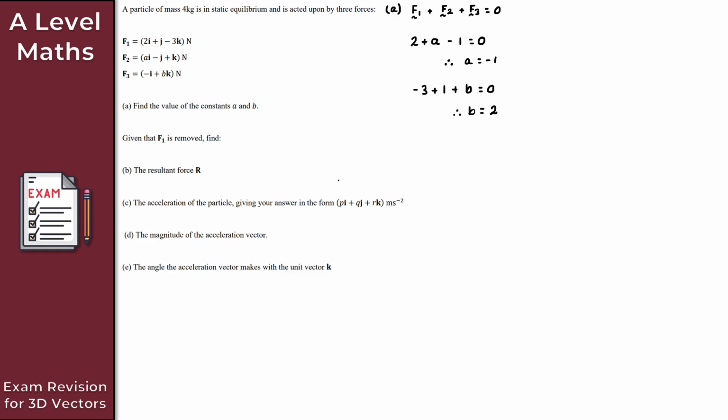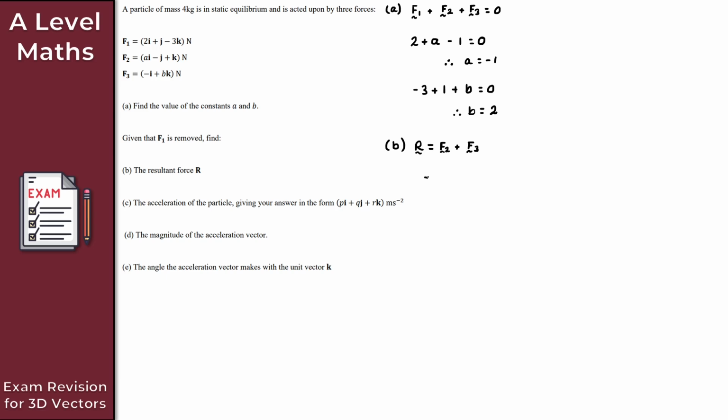Now for part B then, we're then given that F1 here, that's this force here, is removed. And for part B then, we just want to find the resultant force R. So for part B then, the resultant force R here is just equal to F2 plus F3. Okay.